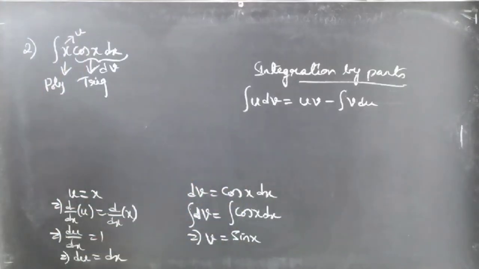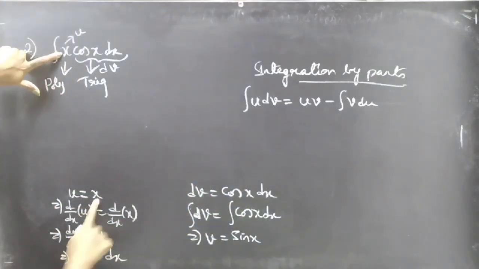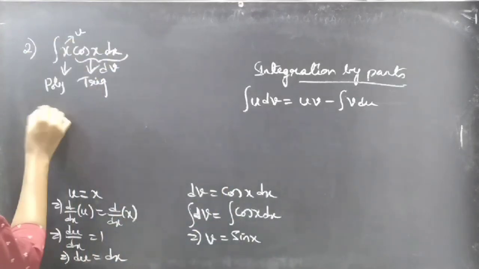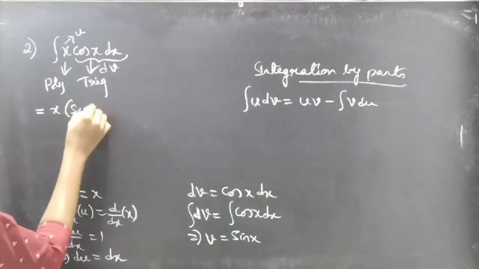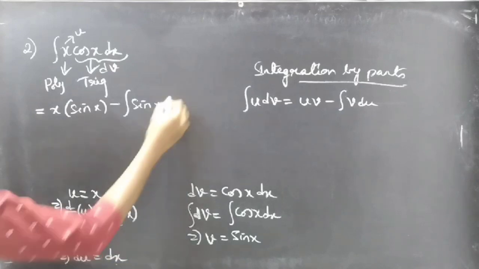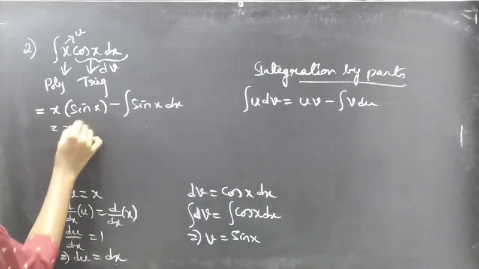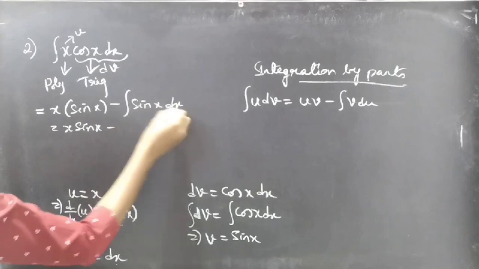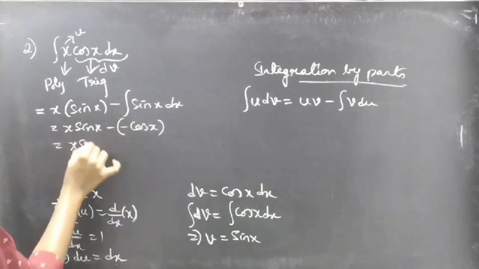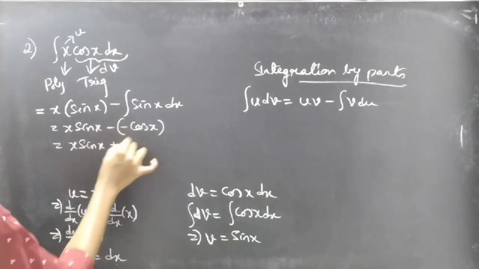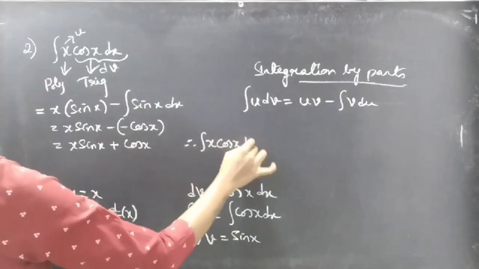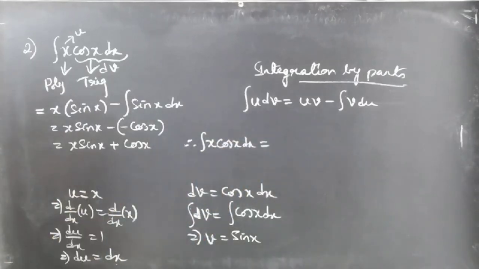Now apply the formula: integral of u dv equals uv, that is x into sin x, minus the integral of v du, which is dx. This gives us x sin x minus the integral of sin x dx, which is minus cos x, which gives us x sin x minus into minus plus cos x. Therefore, the integral of x cos x dx equals x sin x plus cos x.